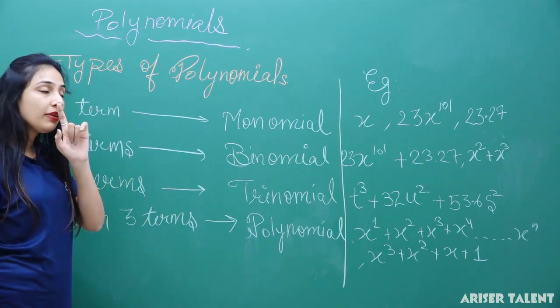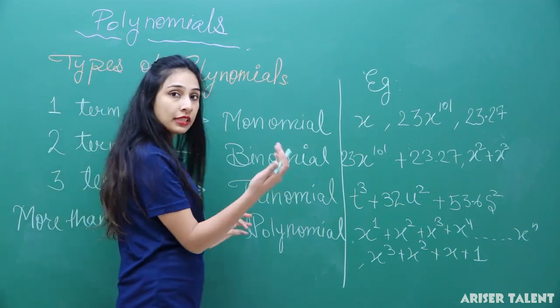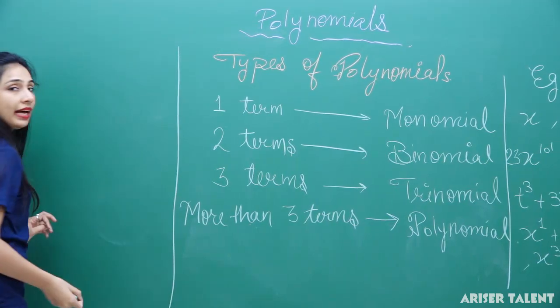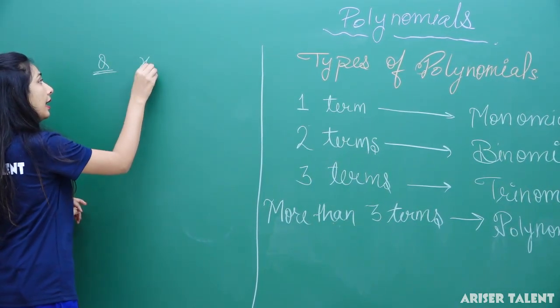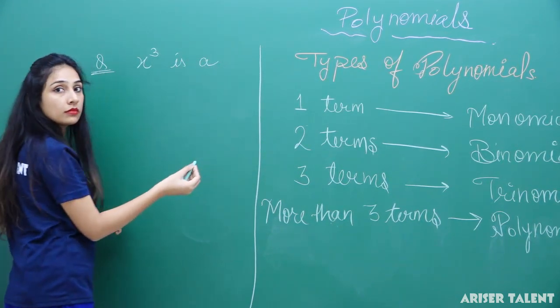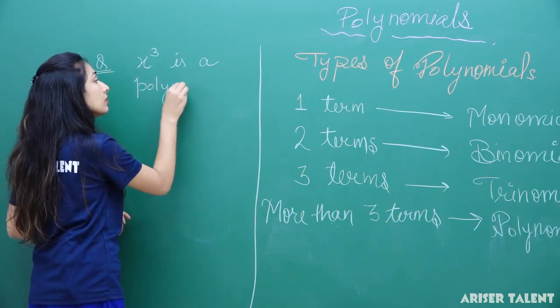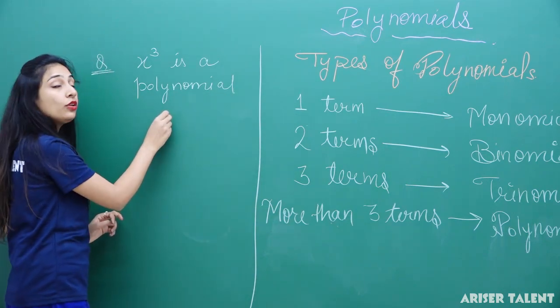Now students, be very careful about it. If you are having a question like x cube is a polynomial, and you have to mention true or false, what will you write?